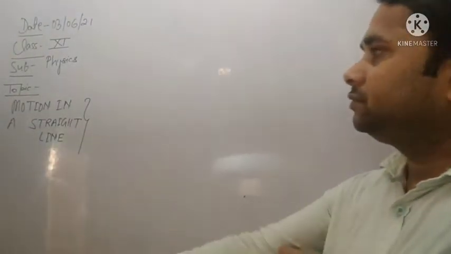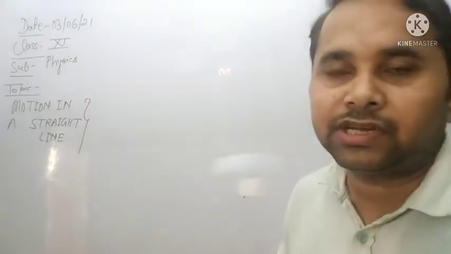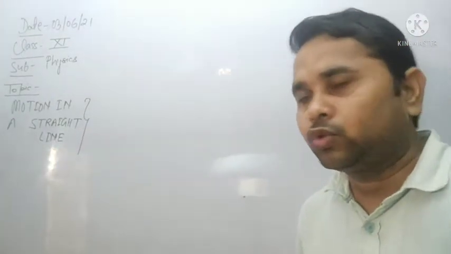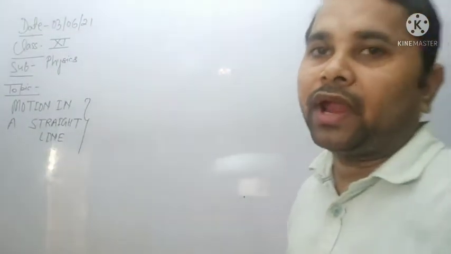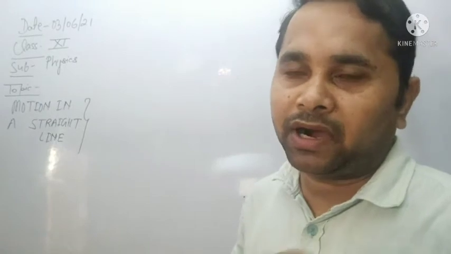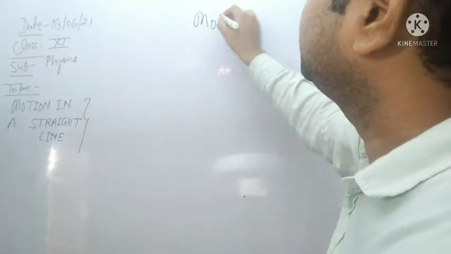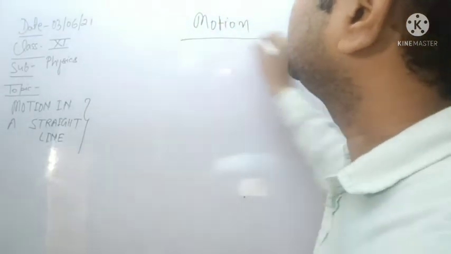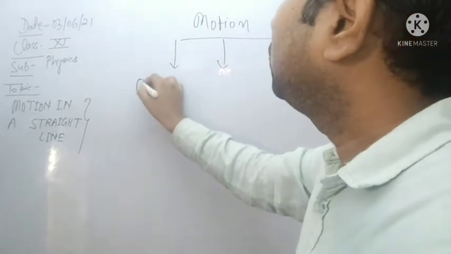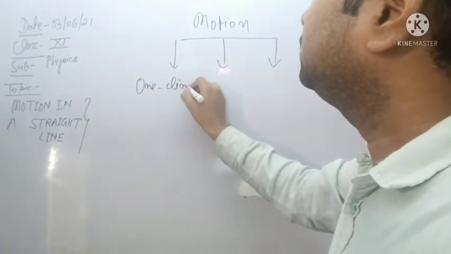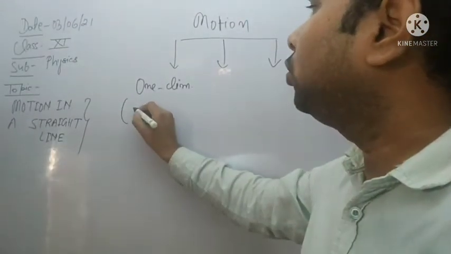So let's start. First of all, we have to understand what we mean by motion in a straight line. To understand this, you have to categorize motion into 3 parts first. Motion is categorized in 3 categories. One-dimensional motion, also known as motion in a straight line.